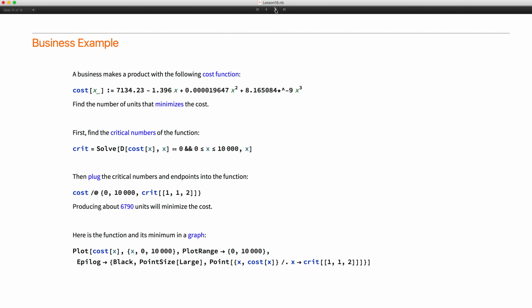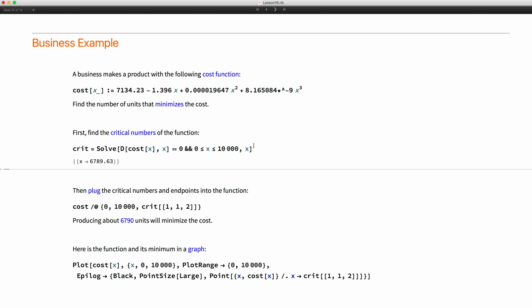As an application, let's take a business example. You have the cost function for a business, and the question is to find the number of units x that minimizes the cost. So you find the critical points, and there's just one over here. It's about 6,790.